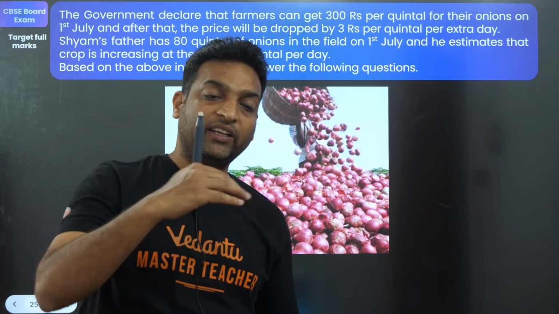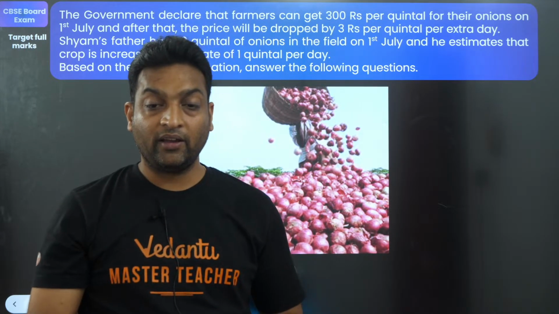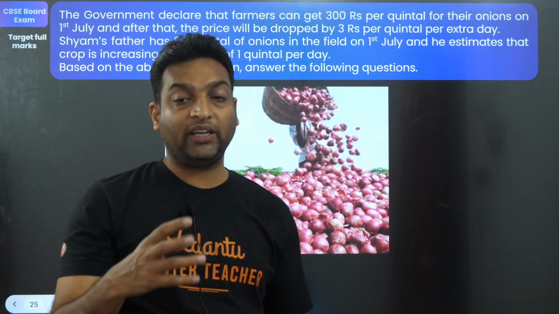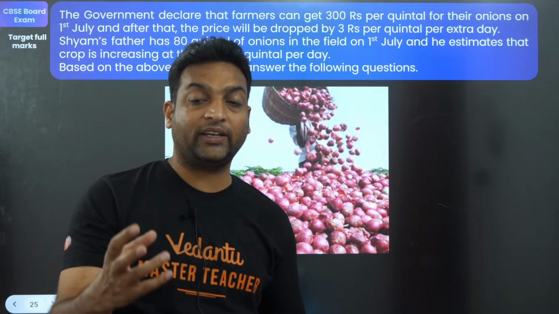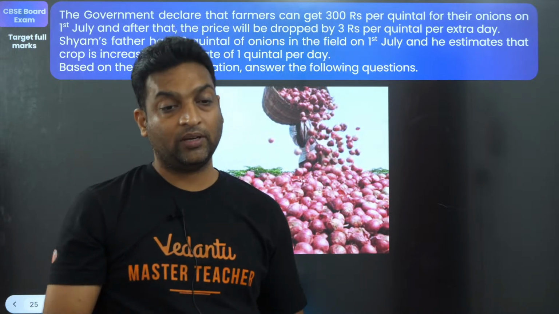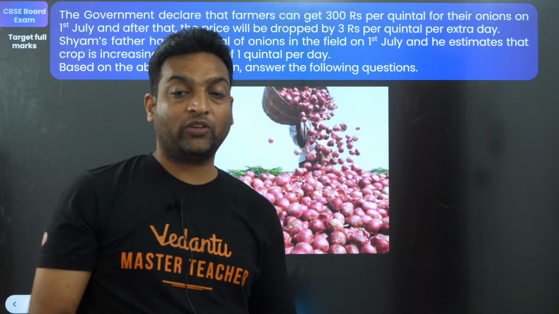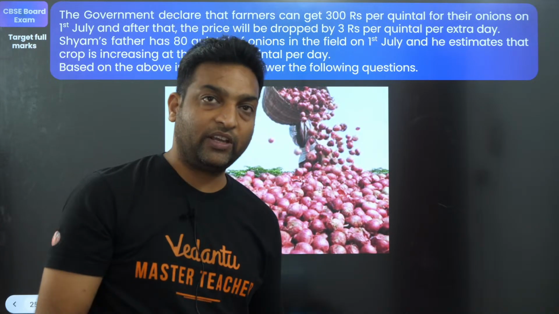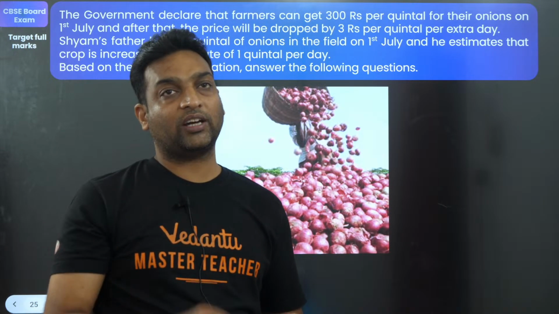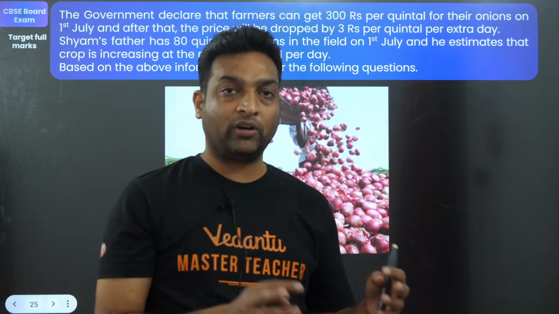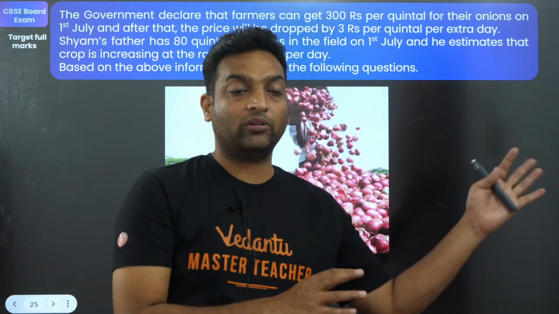If they sell their onions later, the price will decrease by rupees 3 per quintal every day. So if they sell on 2nd July, the price will be 297. If they sell on 3rd July, the price will be 294 rupees per quintal, and so on.